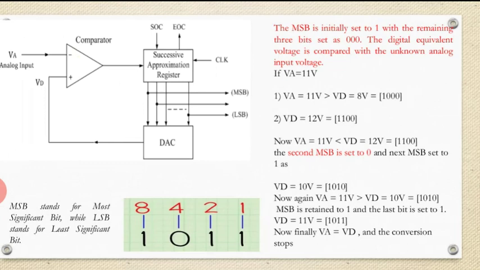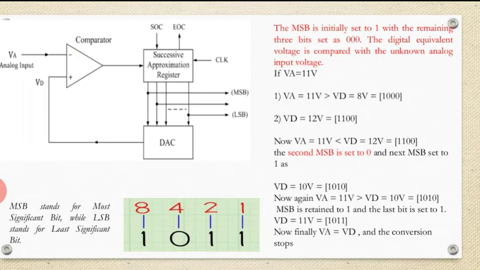I repeat, the second bit becomes 0 because the VD voltage was 12, and the next bit is set to 1. 1010 corresponds to 10 volt. Now again it checks VD against the VA analog voltage. 10 volt is less than 11 volt, hence the third bit is kept as it is, 1, and the next bit is set to high, meaning 1.